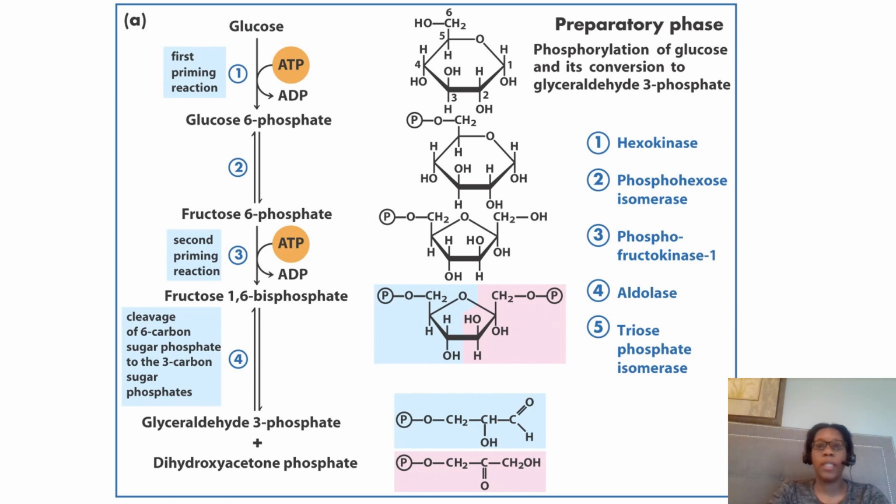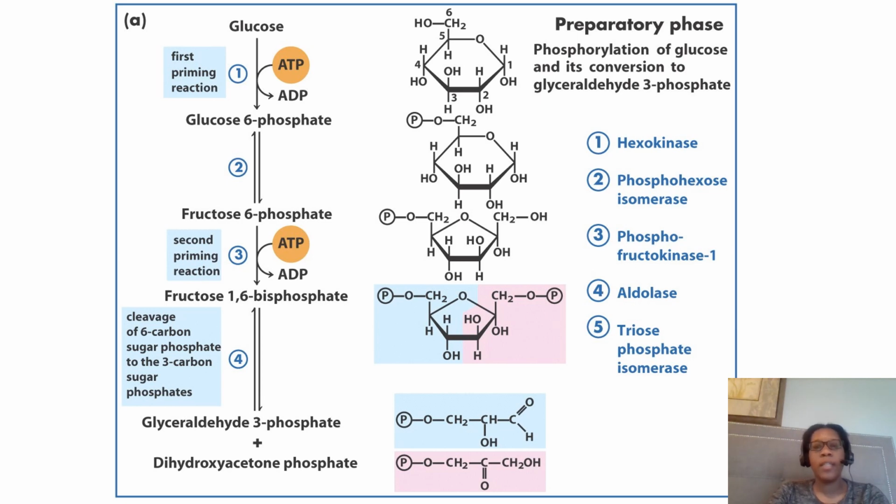Phosphohexose isomerase is an isomerase, so we're going to isomerize G6P and create F6P. What about phosphofructokinase 1? Well, it's a kinase again, so we're going to take F6P and add onto it another phosphate from ATP and create F16BP, fructose 1,6-bisphosphate.